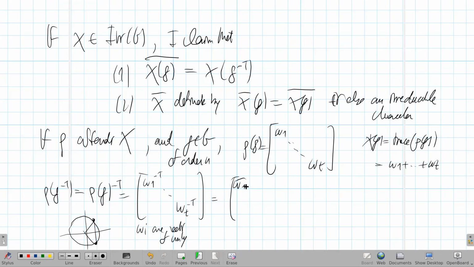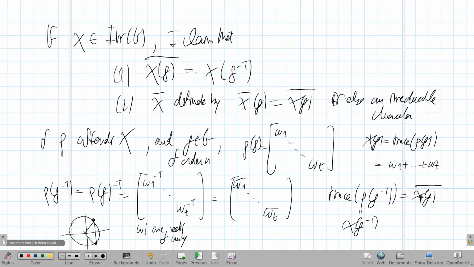So omega 1 conjugate, ..., omega t conjugate. And so the trace of rho of g inverse will be just this, okay? And of course, this is just the character evaluated at g inverse. Okay, because the trace will be the conjugate of the value of the character.